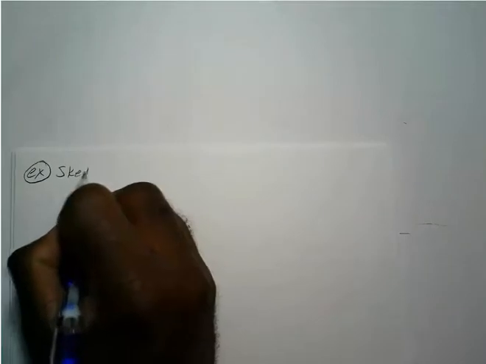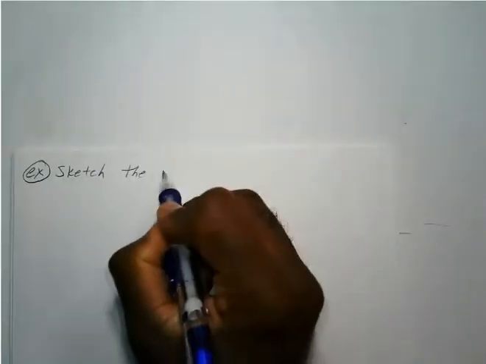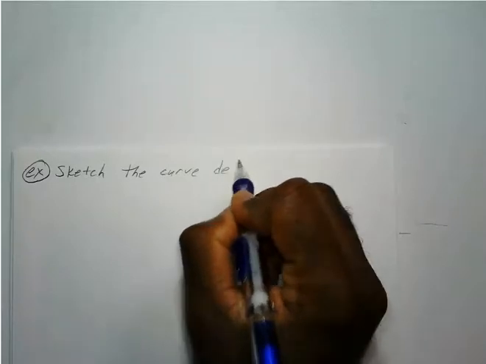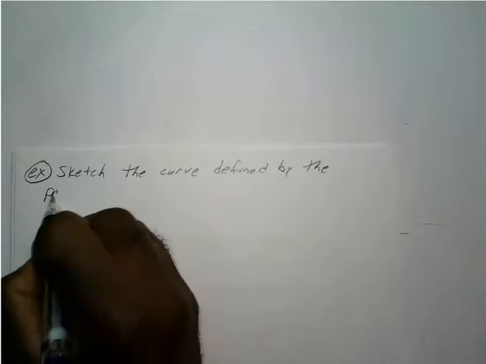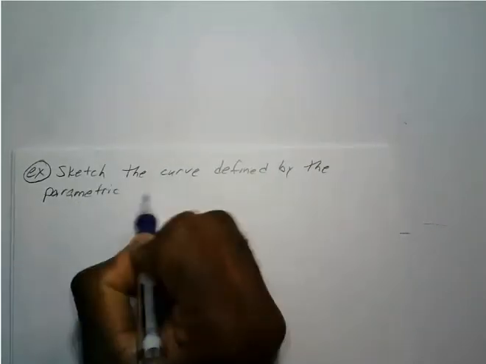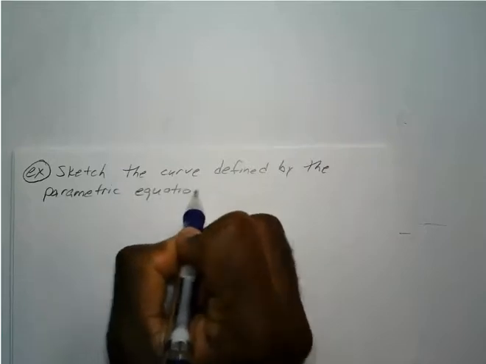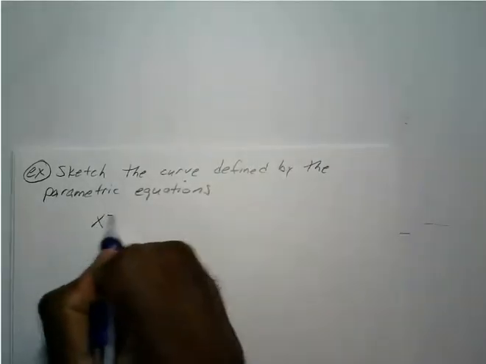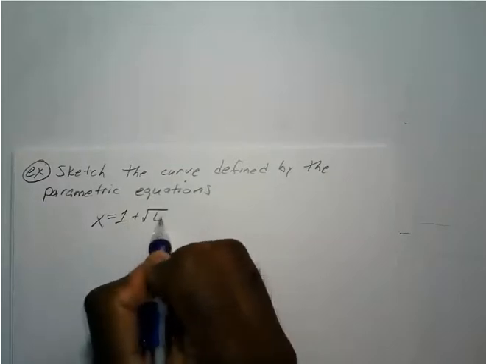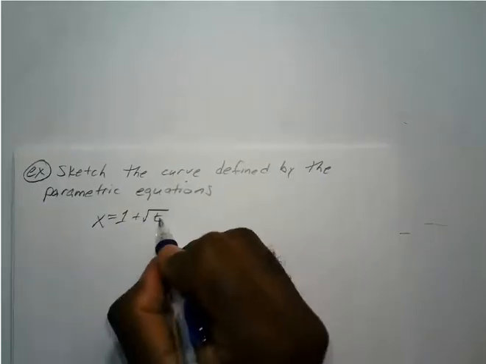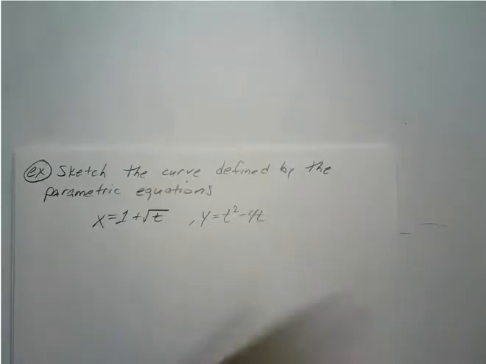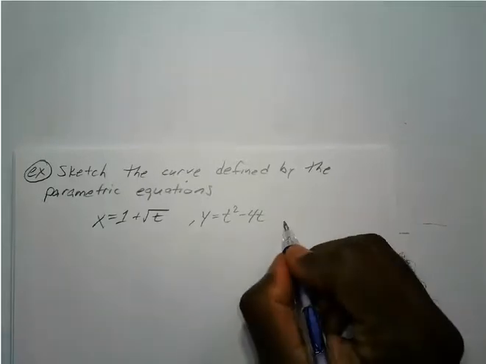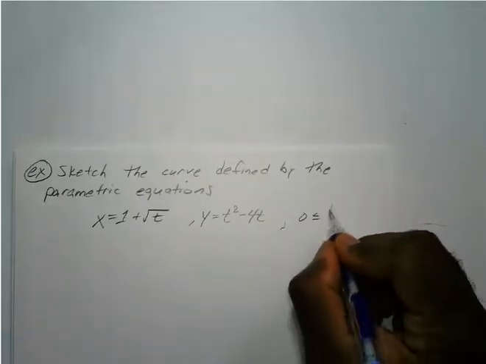Let's say we wanted to sketch the curve defined by the parametric equations x equals 1 plus square root of t, and y equals t squared minus 4t. Let's put limitations on the value. Let's say t can be between 0 and 4.